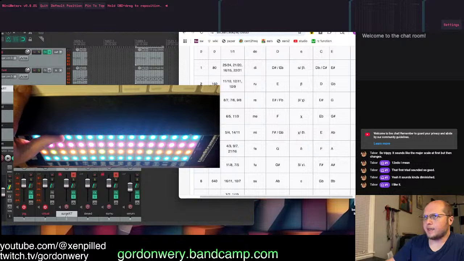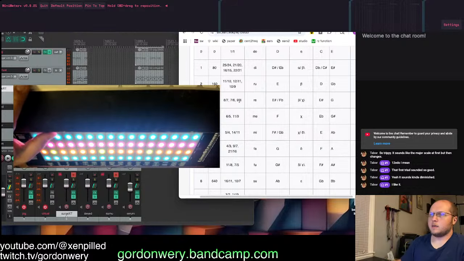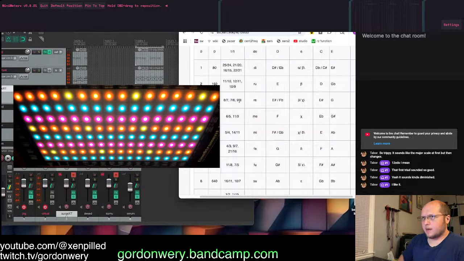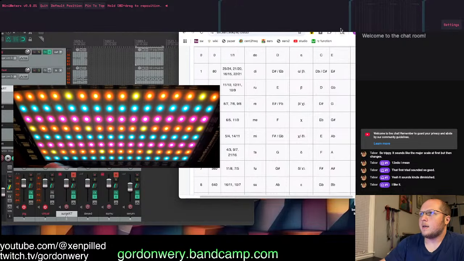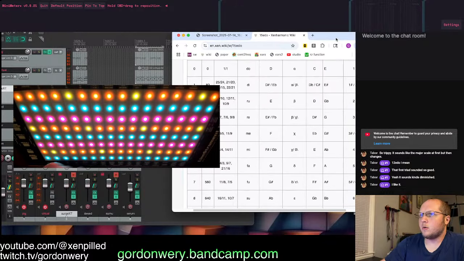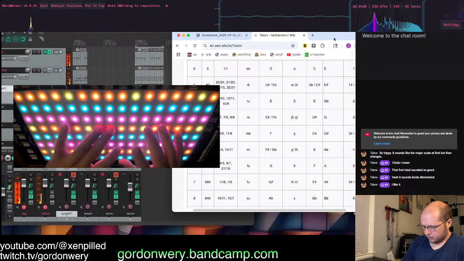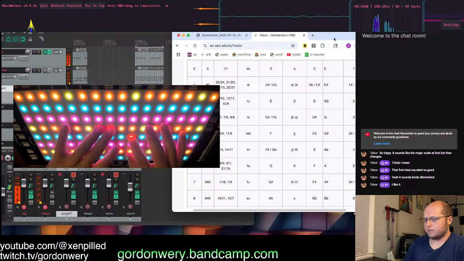Yeah, I mean, the second is just so wide. And the thing is, I didn't really think it could be a third, but then I was listening to some of the chords, and some of them sounded pretty diminished, like diminished enough.